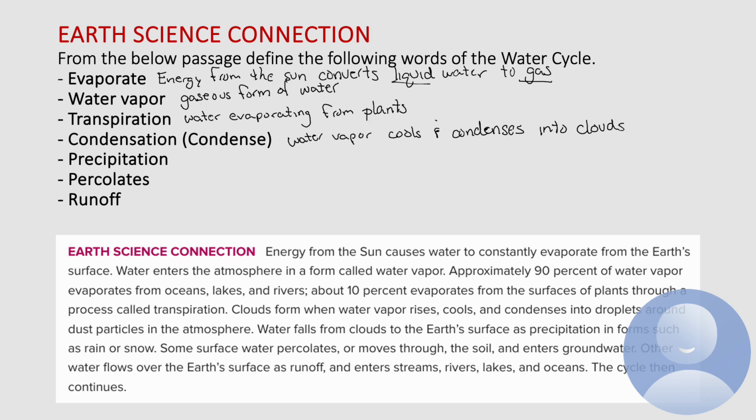Precipitation is liquid water falling from the clouds. This could be in the form of rain, snow, sleet. Percolates is when water moving through the soil and enters the groundwater.